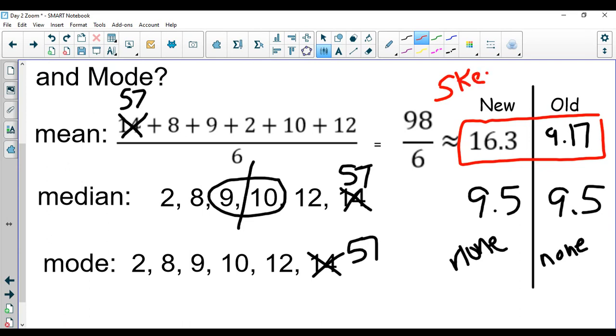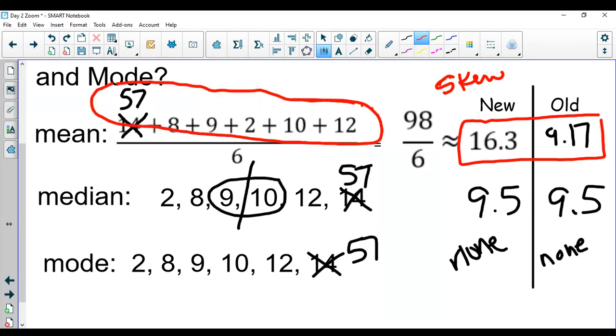So when you talk about measuring the center of the data, the 16.3 is bigger than 5 of the 6 numbers in our data set, right? Whereas if you look at the old data, I'm going to try to circle the old data in green.